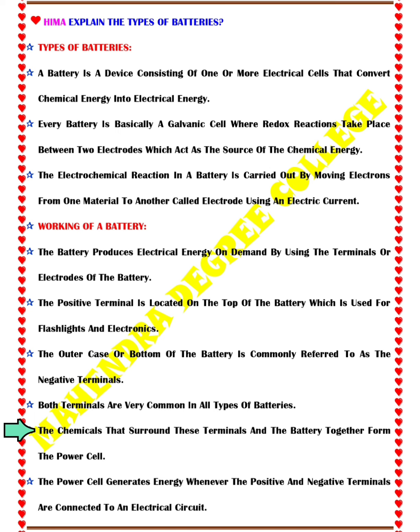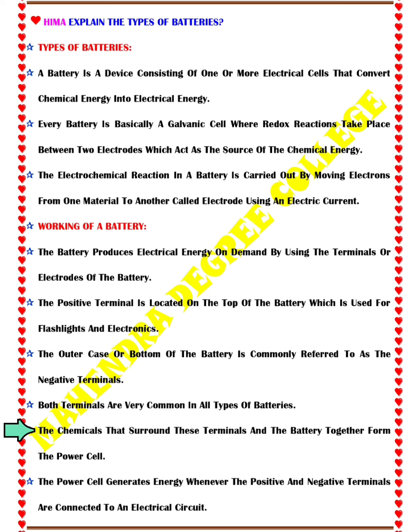A power cell or battery cell is the basic unit of a battery that produces electricity through chemical reactions. Inside the battery, there are chemicals called electrolytes and electrodes.